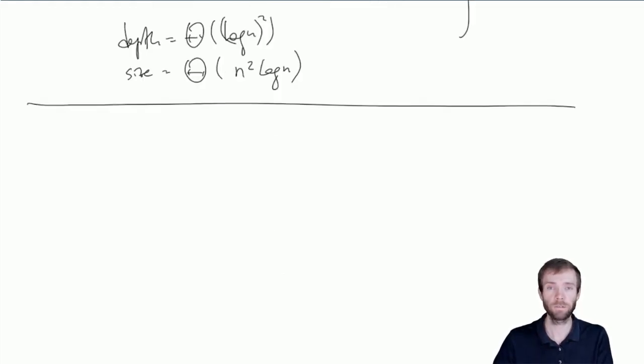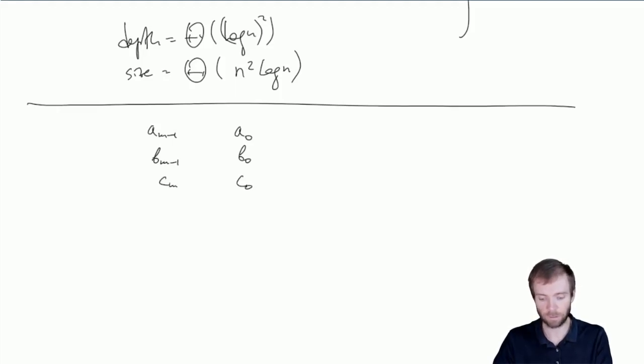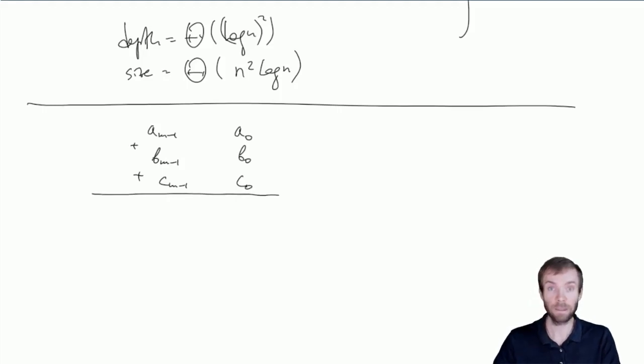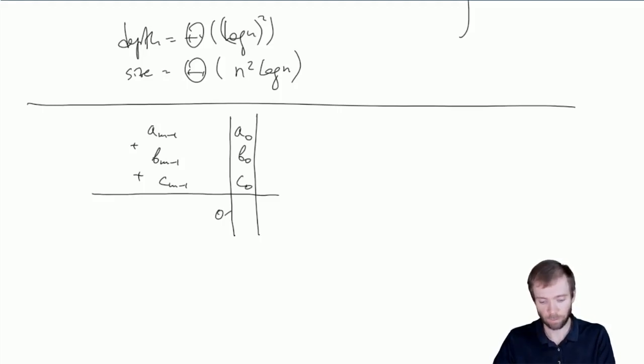Let's consider 3 m-bit numbers: a0 through a(m-1), b0 through b(m-1), and c0 through c(m-1) in binary notation. So what happens when we add these numbers up? When we add each column here, 3 bits, the result would be from 0 to 3.